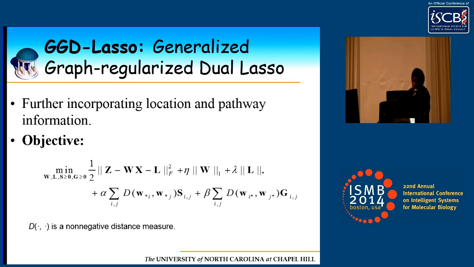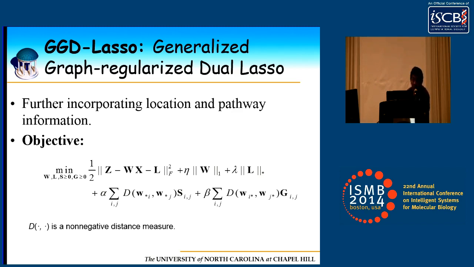And the last two terms we use here model the inconsistency between the inferred matrix W and the prior network knowledge S and G. And the intuition behind it is that if there exists an edge in S or G, then the two SNPs are more likely to have a similar set of genes associated. And this is similar for the last term of the objective.